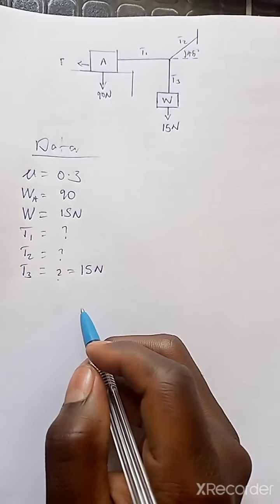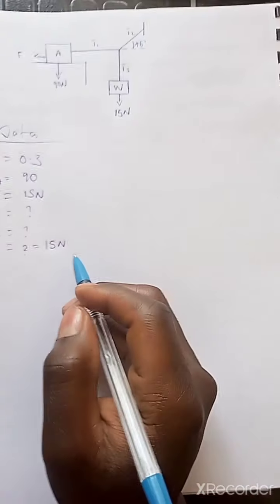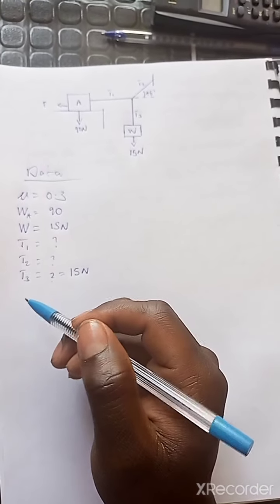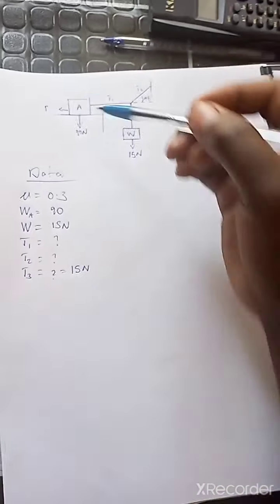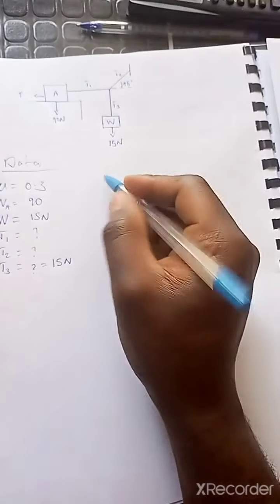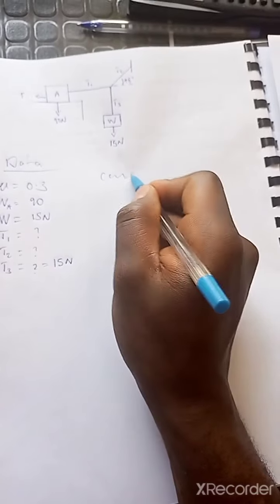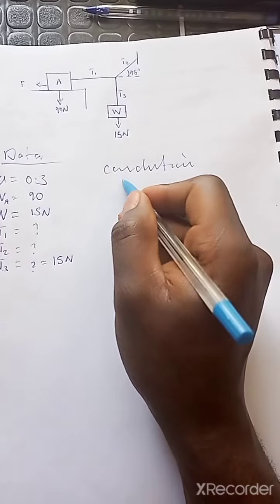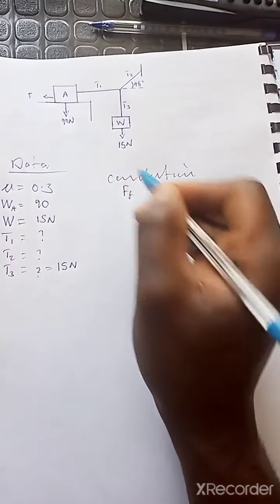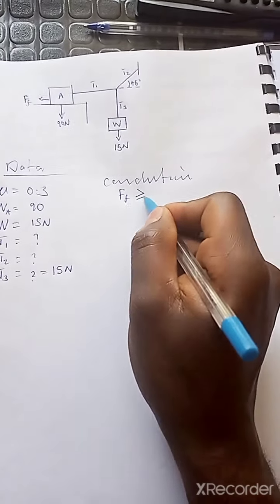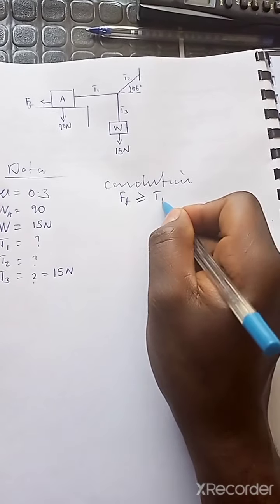What we are going to start with is first look at the question. It says we need to show that this can hold the system, right? So the condition for this to happen means the force of friction should be greater than or equal to T1.